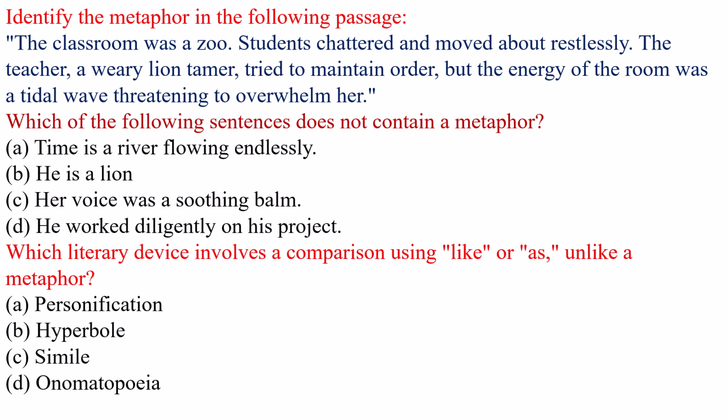Identify the metaphor in the following passage. The classroom was a zoo. Students chattered and moved about restlessly. The teacher, a very lion tamer, tried to maintain order, but the energy of the room was a tidal wave threatening to overwhelm her.